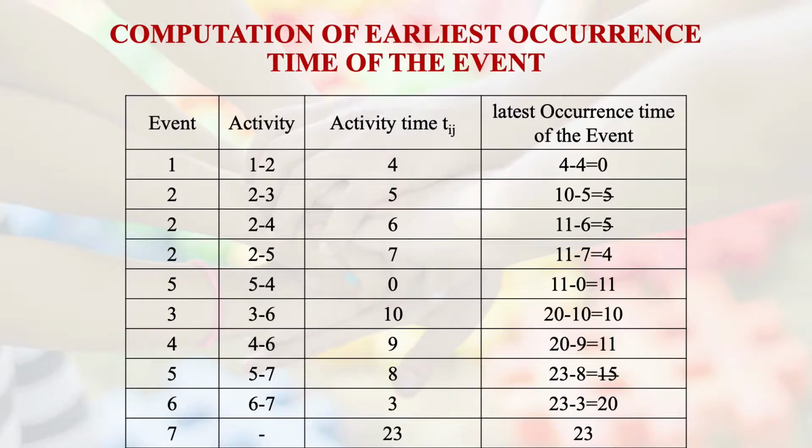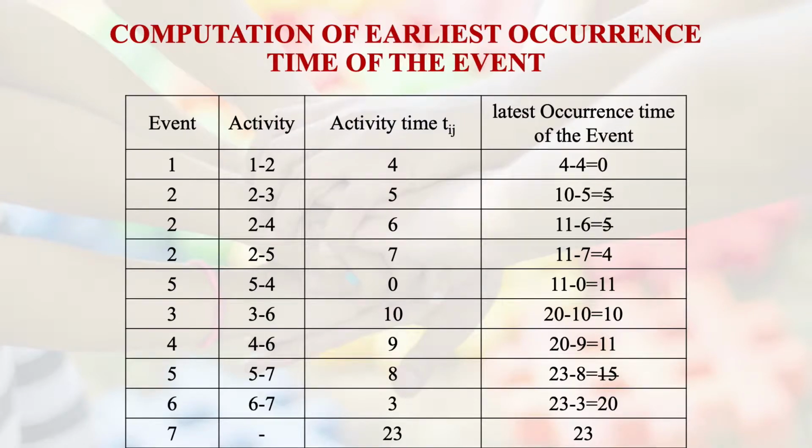Similarly, the latest occurrence time for 4 is also 11, so 11 minus 6, which was the time taken during the path, is 5. And similarly, for 2 to 3, 10 minus 5, you will get 5. So both the 5s are more than 4. So we take the latest occurrence time as 4.